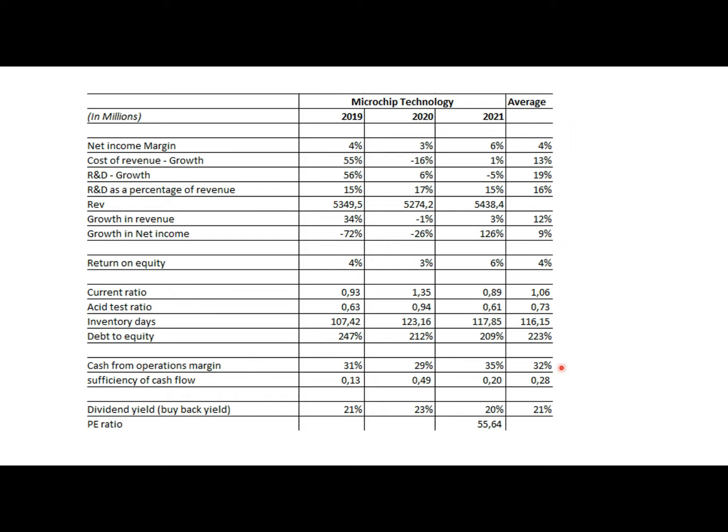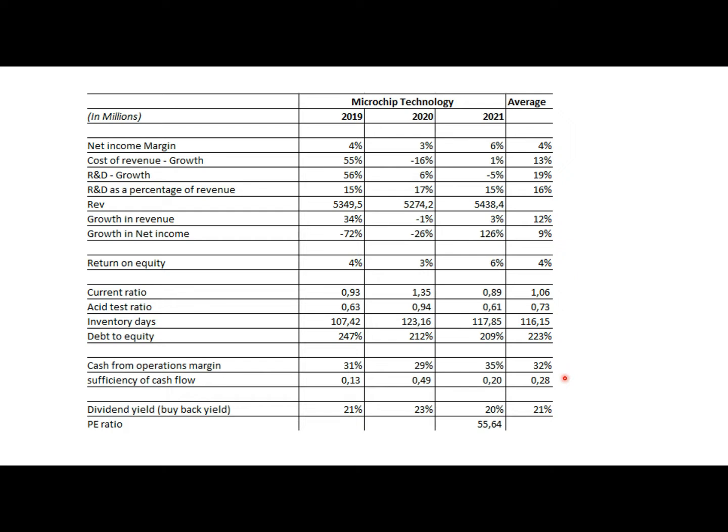However, the sufficiency of cash flow does paint a bit of a worrying picture. The industry average is 0.84, and on average, Microchip is at 0.28. So it is worrying. It has deteriorated significantly in 2021 and 2020.